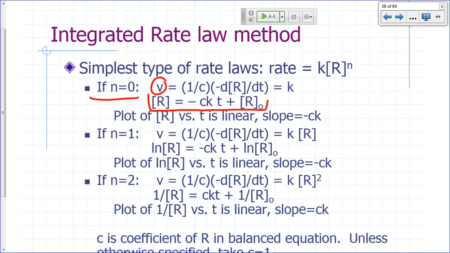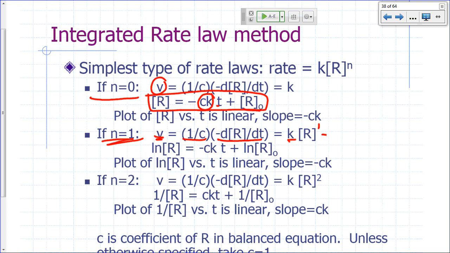But the net result is that r is equal to some constant, c times k, times time, plus another constant, r naught. That's the equation that you'll get, and we're going to examine it in a little more detail in a while. If n is equal to 1, the rate of reaction is 1 over the coefficient of r times the rate of consumption of r, equal to k times r raised to the power 1.